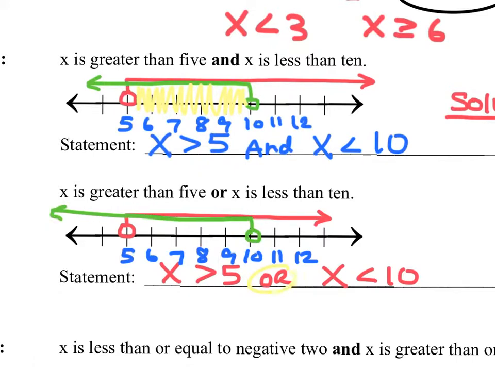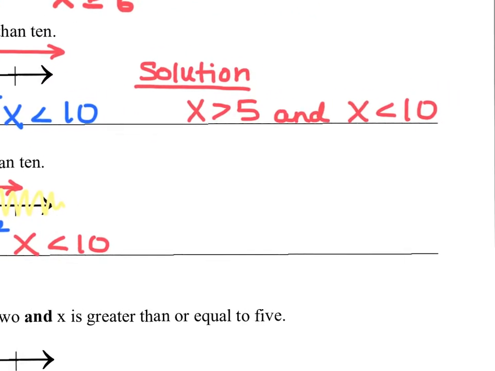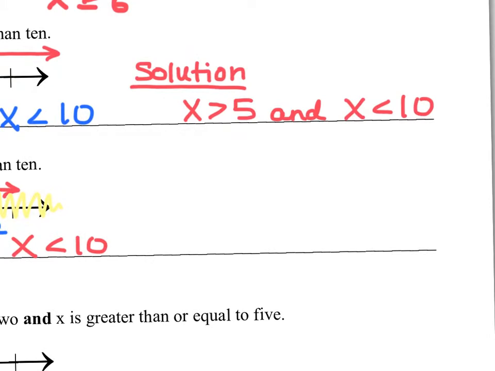And then I'm going to shade. It's an OR problem, which means I shade wherever I see an arrow. So I see arrows here. I see arrows in between. I see arrows to the right. I see an arrow everywhere. So what's my actual final solution? If it's everywhere, the shading's everywhere, guys.